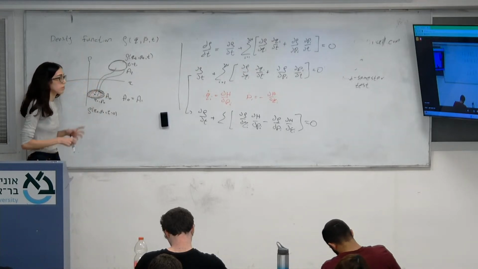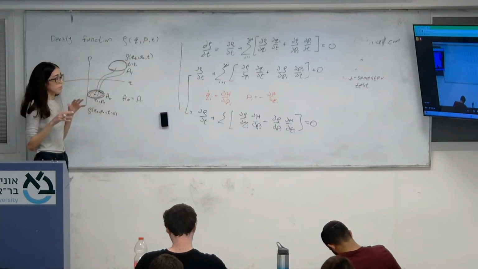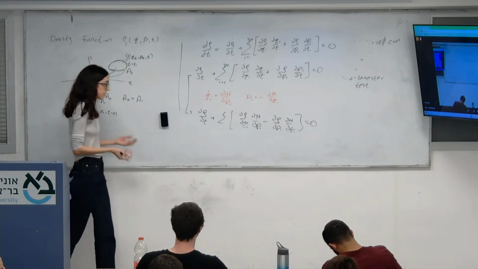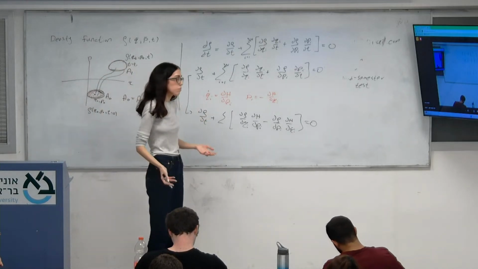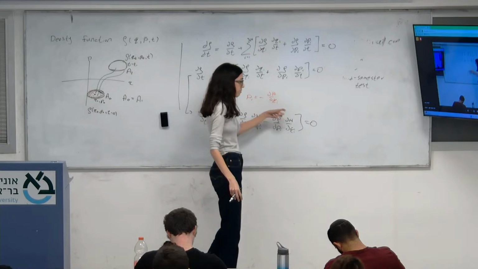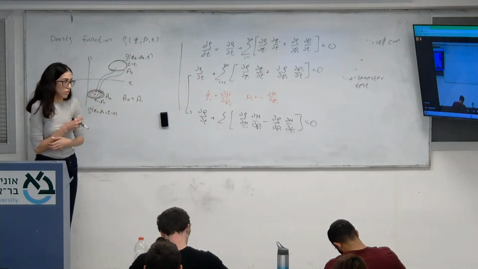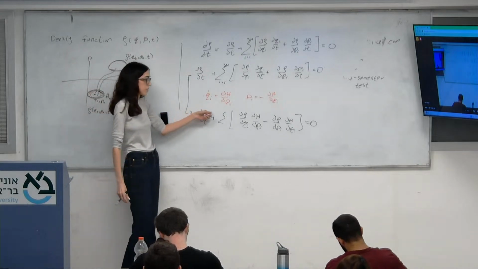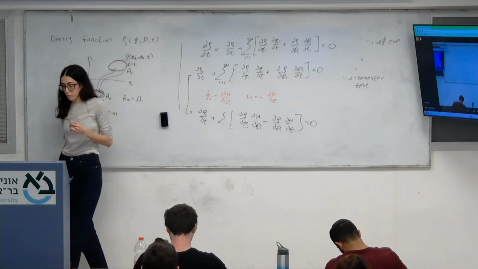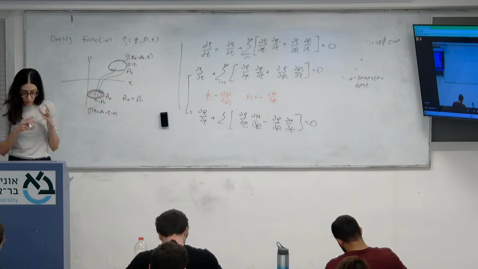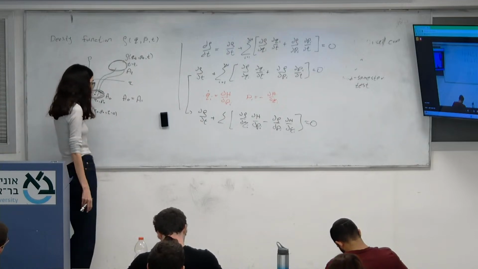This is not a very pleasant equation, but as you're going to see in your homework, if I have a given Hamiltonian and I don't have too many degrees of freedom, I can solve this equation and get an explicit version of the function. So this is basically the equation.